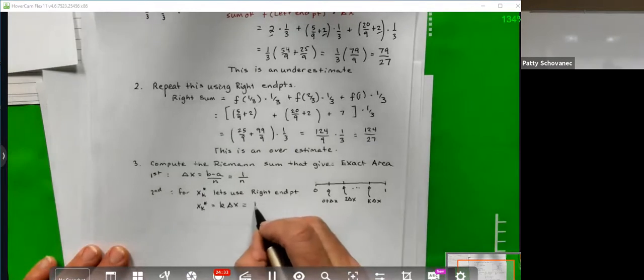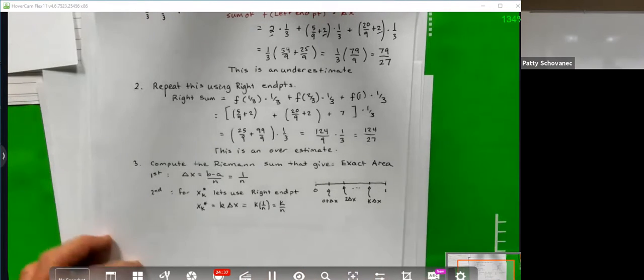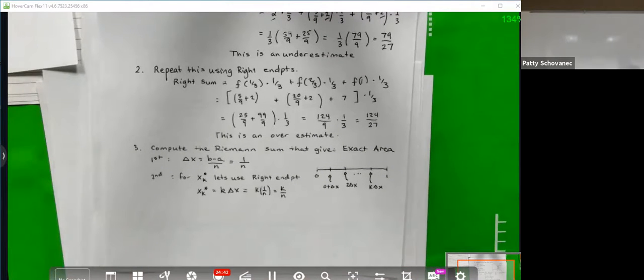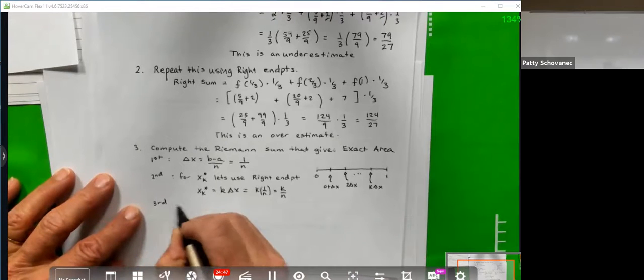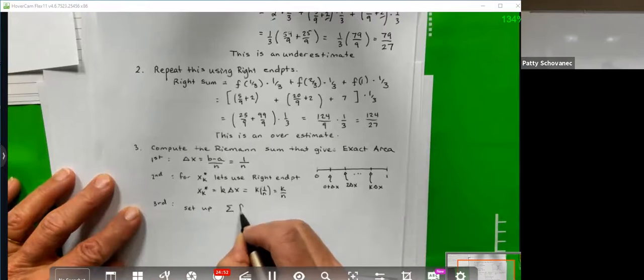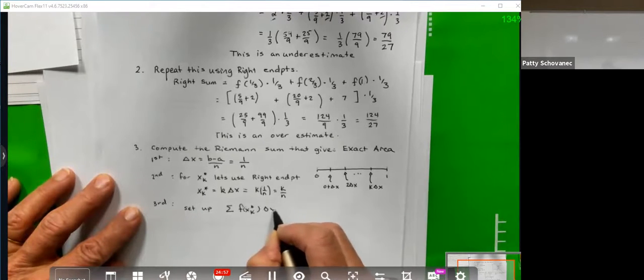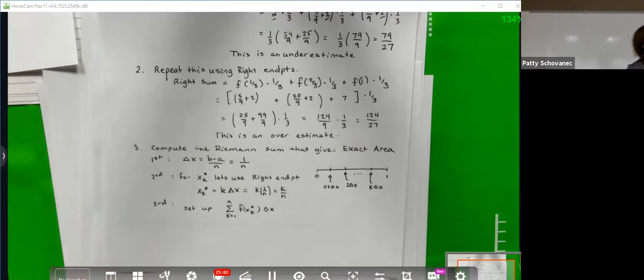But delta x was 1 over n. So k divided by n. That's what we have to use as the x value in the function. So for the height, we set up the sum of the f of xk star times the delta x, from k equals 1 to n. Our function was 5x squared plus 2.